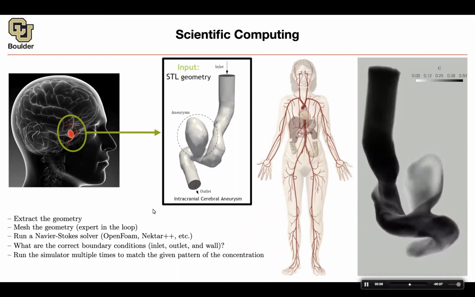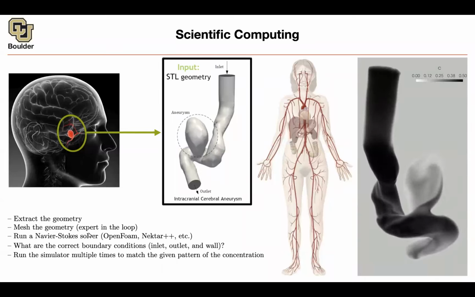But let's see how many hours you're going to need to do that. Even if you have your mesh in place, running this Navier-Stokes solver is going to take you 48 hours for one forward simulation. To solve the inverse problem, you're going to need to solve the forward problem thousands of times.